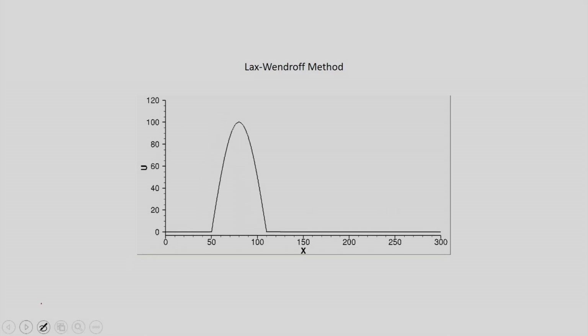You can see how it is propagating. Here u is convected with the wave speed c equal to 300 meter per second. You can see it is moving and going out, because it is periodic boundary conditions.